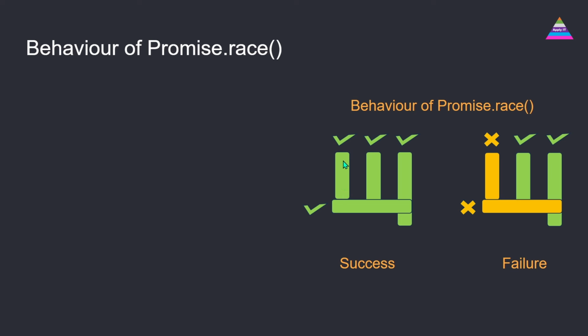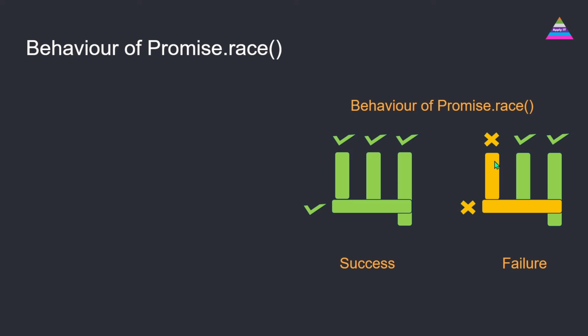So the first promise, which takes 3 seconds to fulfill, gives us the response after 3 seconds. Whereas in the second case, the first promise takes, say, 3 seconds to produce a rejected promise, and all the others produce successful, or fulfilled, promises.